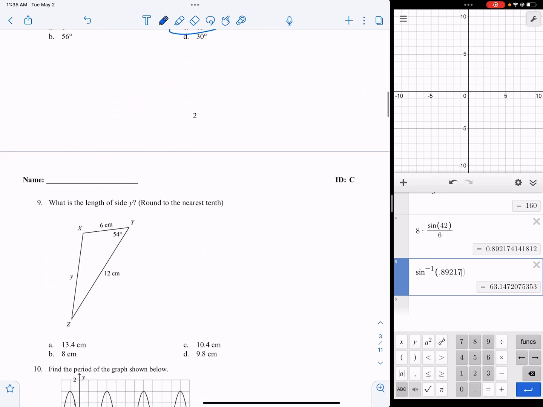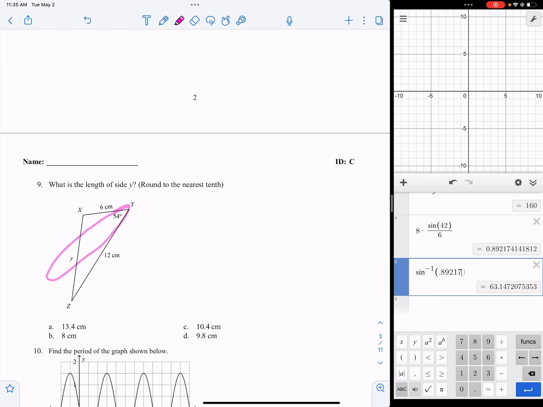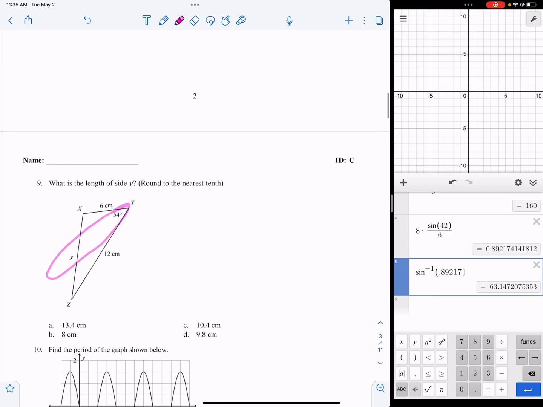Number 9. We've got 54 and we've got Y, but we don't have any other angles. Without an angle that goes with it, like Z goes with 6, but we don't know what Z is, right? So law of sines doesn't work.